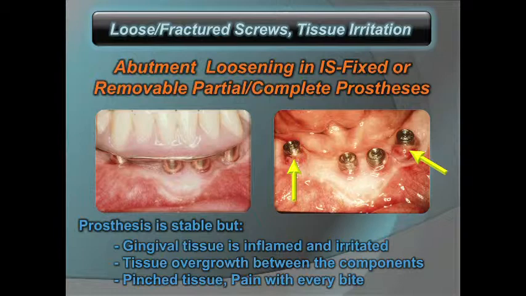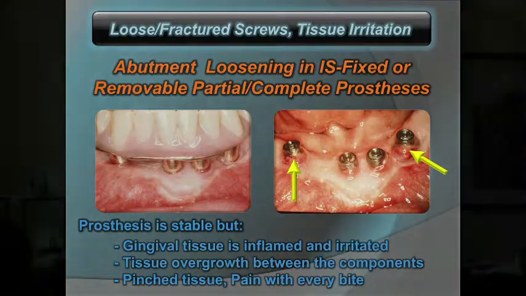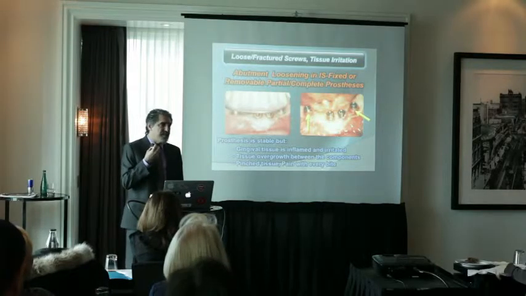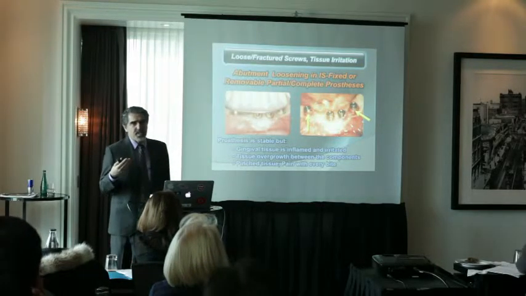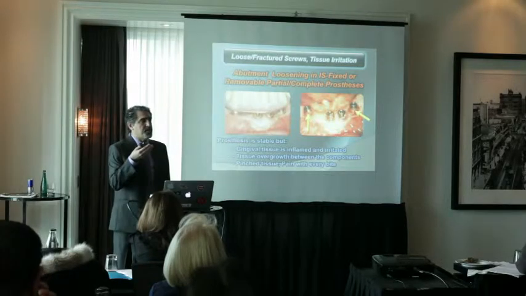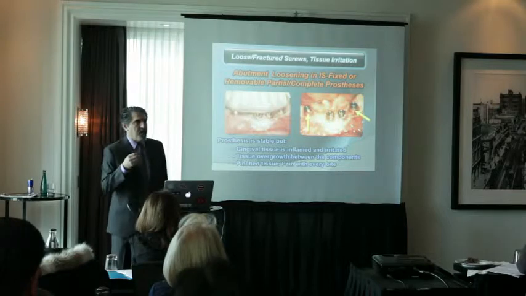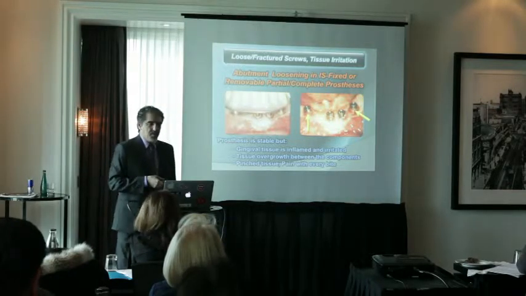The prosthesis is stable, it's not going anywhere, but you get some sort of tissue inflammation, and the patient says, well, I have this sort of pain. Anytime that I'm chewing, there is some sort of pain. Well, that's because of the tissue going between the components, between the abutment and the prosthesis. And now the patient chews on it, pain is going to be there.